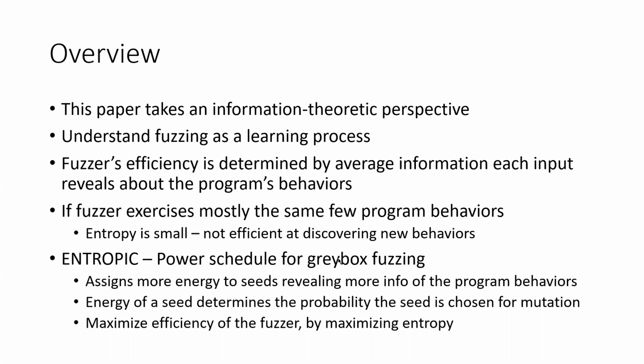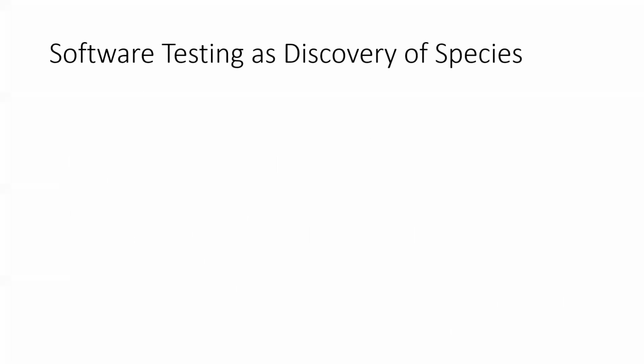Yeah. So this is just an overview of the approach that this paper, Entropic, takes, and we'll be going through the technical details. The first thing they introduce is that they model software testing as a discovery of species.